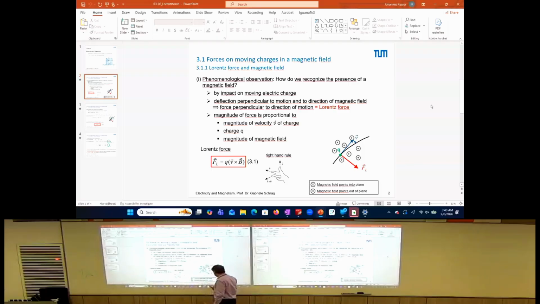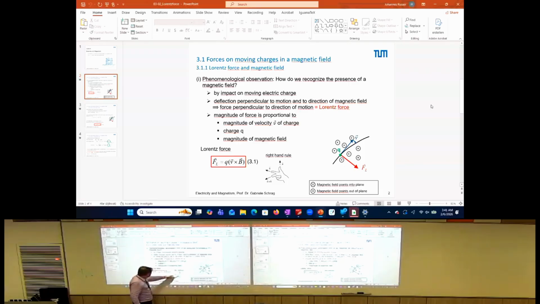So if you take that, the velocity vector is blue. You have the B field coming out of the plane. Then where your middle finger is directed points in the force direction. So you're familiar with this right-hand three-finger rule.